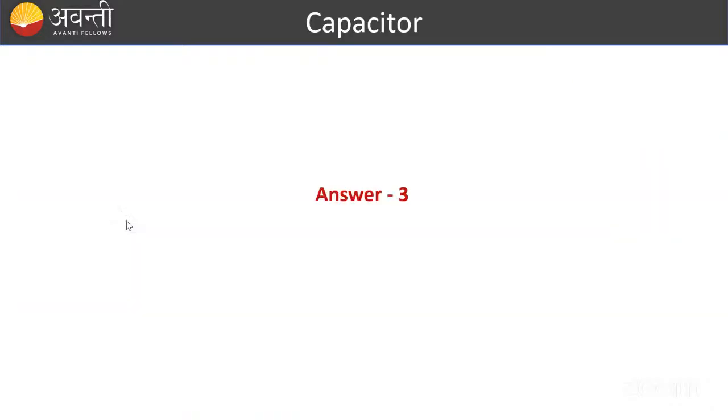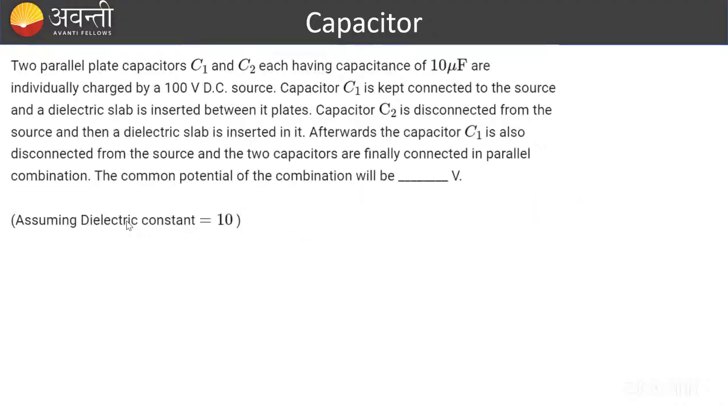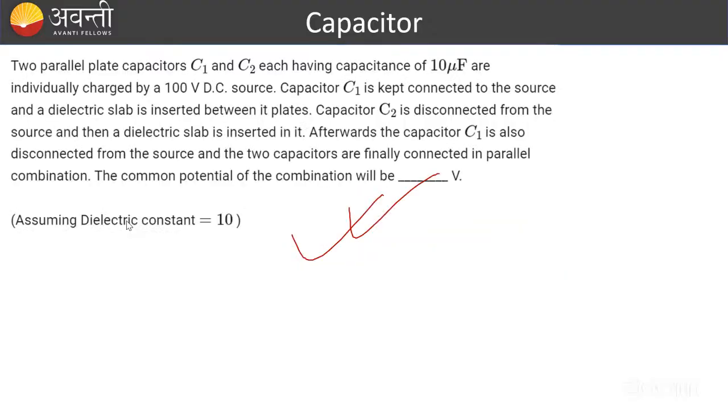I will tell you the answer. It is 3 here. I will be also sharing the notes in the portal, so from there you can get. This is also another question that you can do. So you should be doing this question. The answer is given. So two questions are there that you need to solve as a homework.